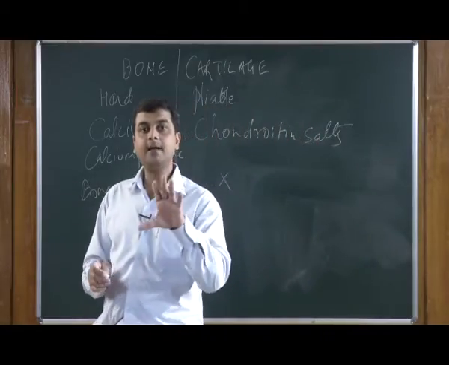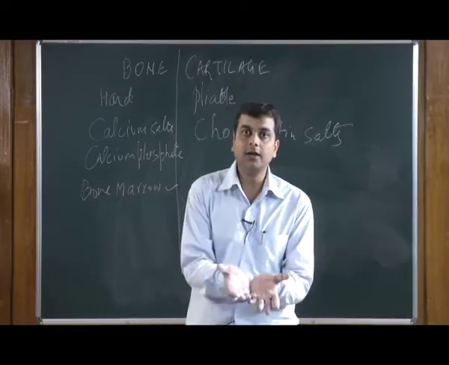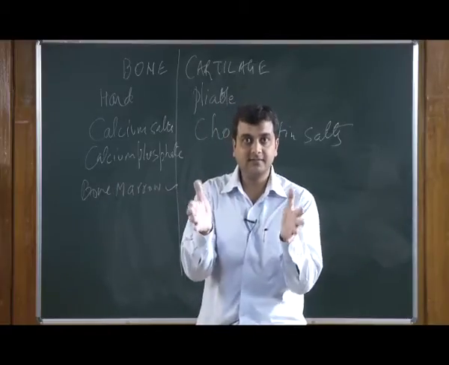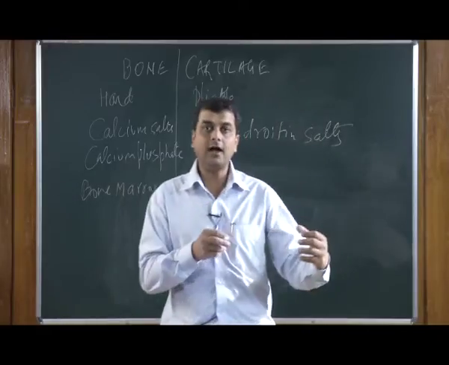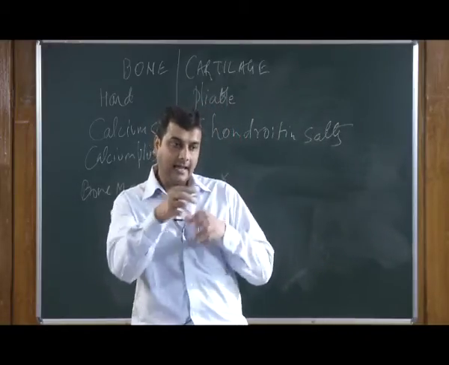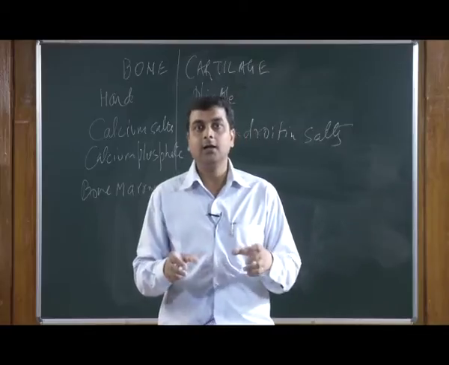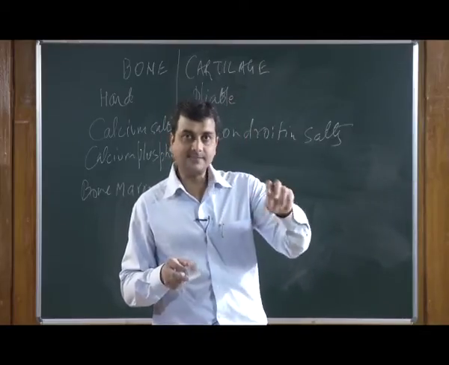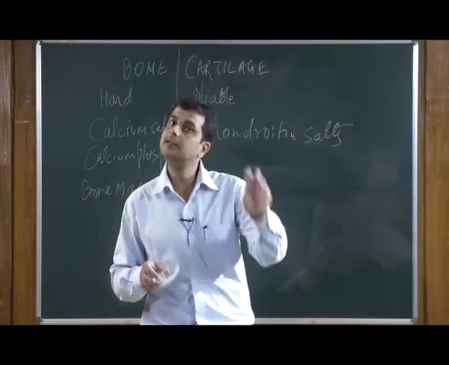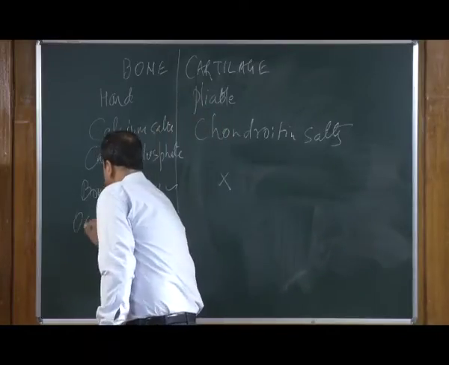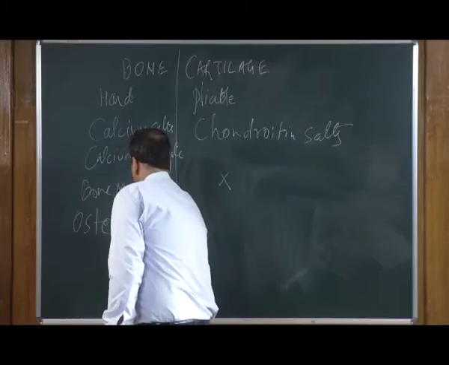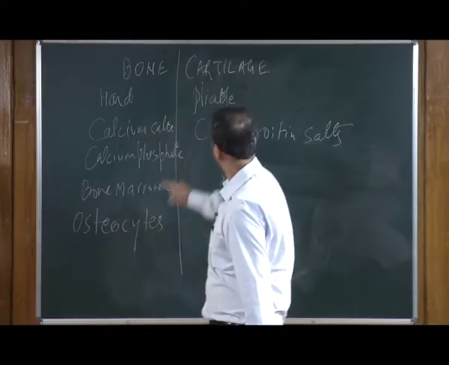Next, if we start looking into the structure inside, if we take a section and look under the microscope, to see why these are so uniquely aligned and why they are very hard, you will find a very specific cell that makes the bone.